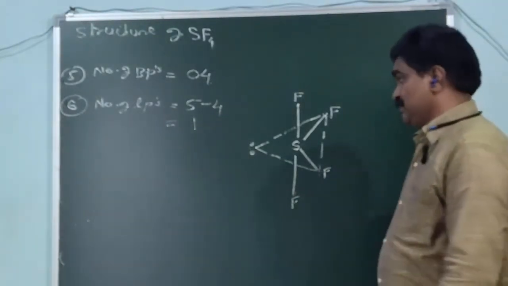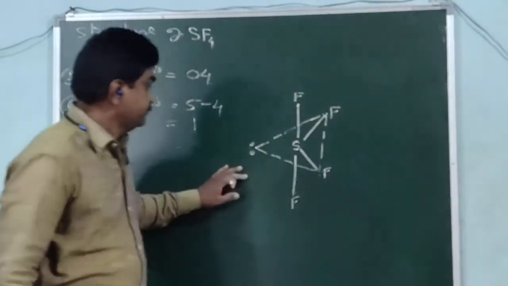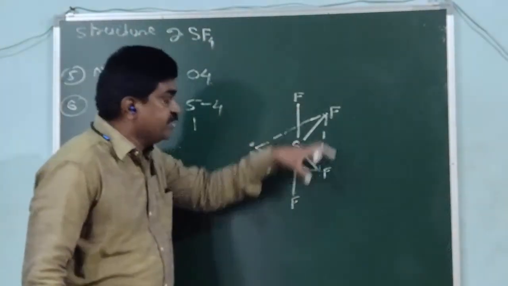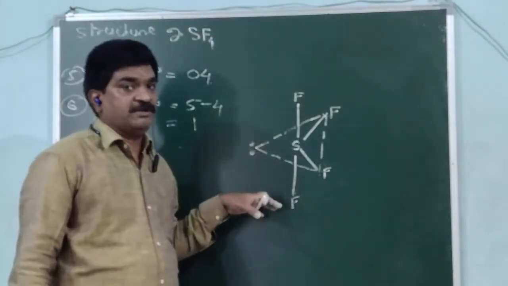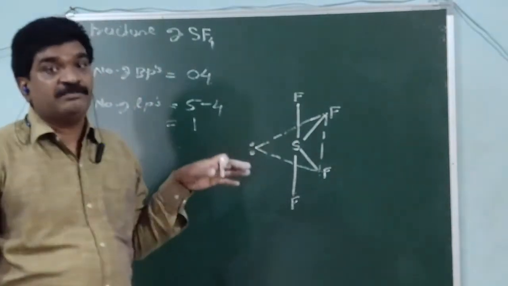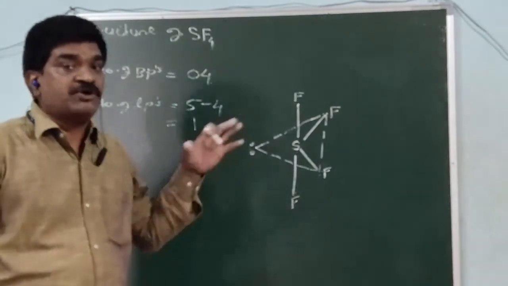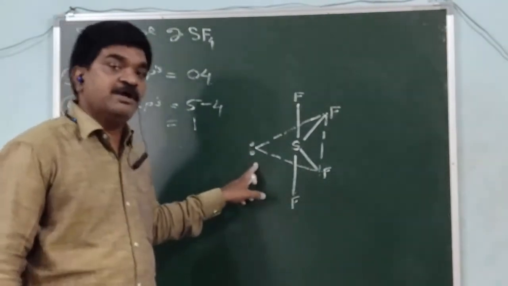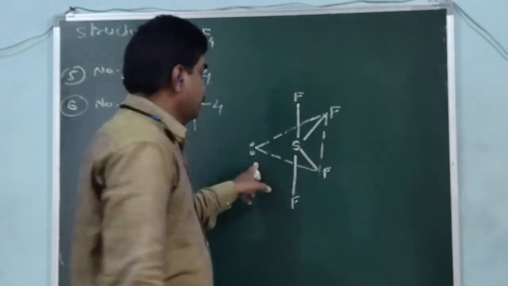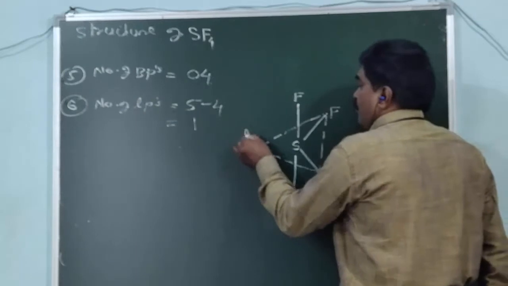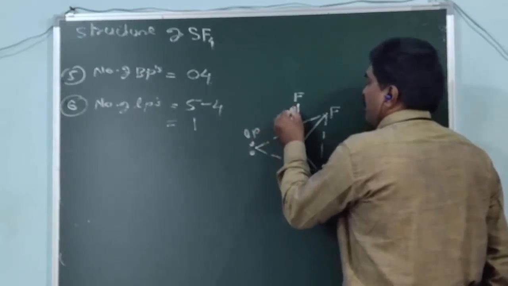Now here you see again, because of the presence of the lone pair along with the bond pairs in the SF4 molecule, the geometry is not a regular trigonal bipyramidal. A distortion has been introduced into the geometry because of the presence of this lone pair. Now, there will be lone pair bond pair repulsion.